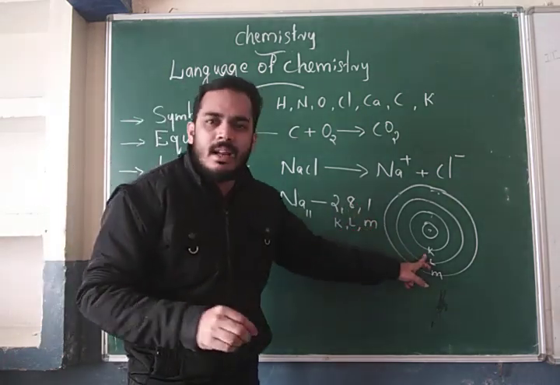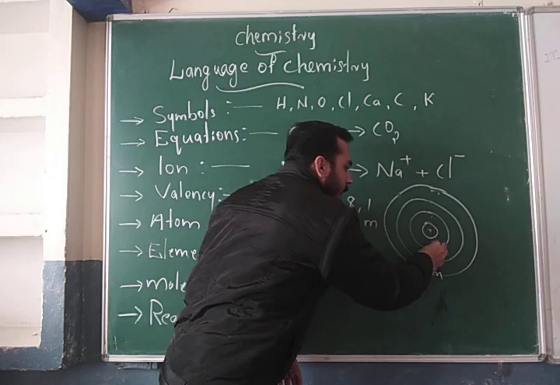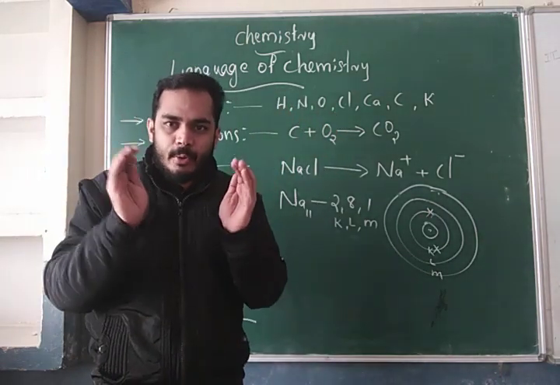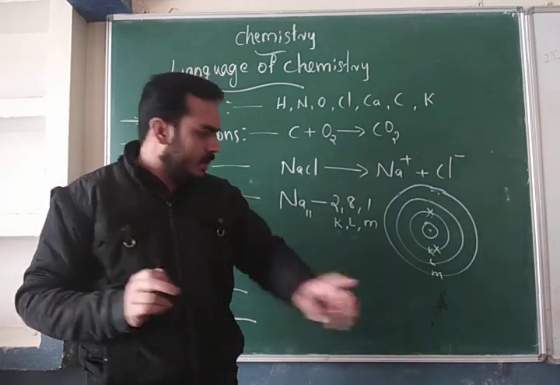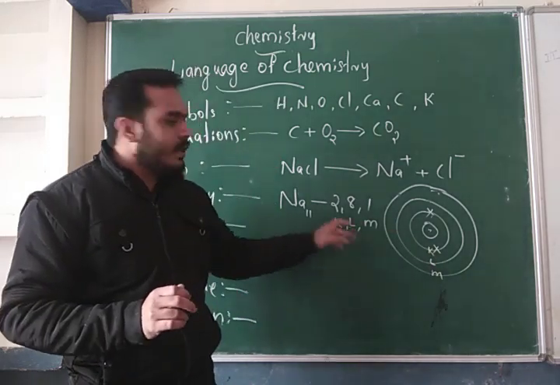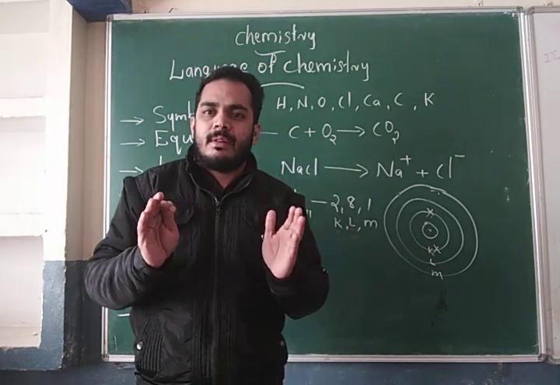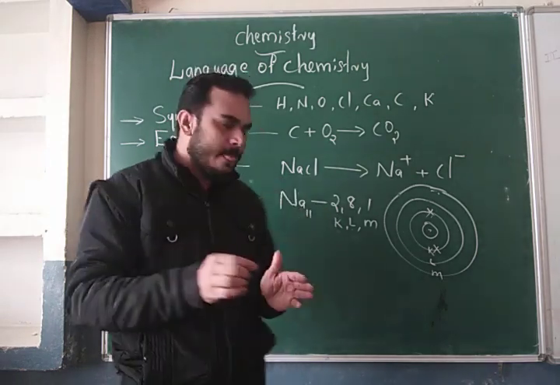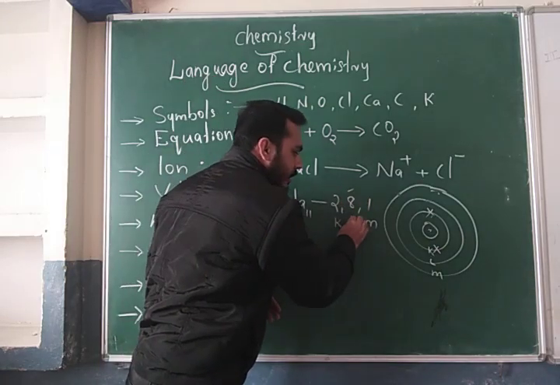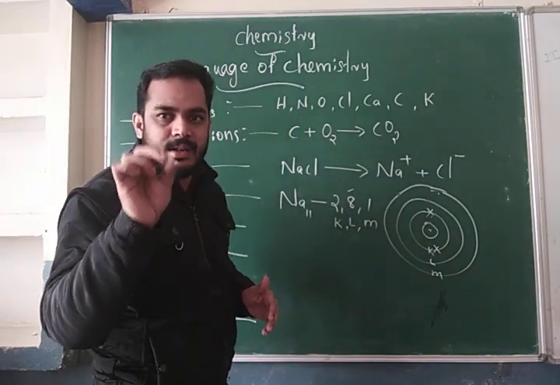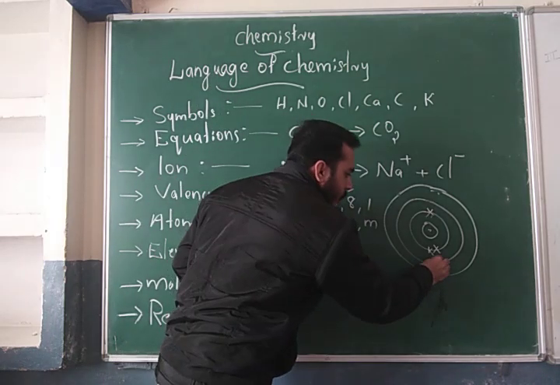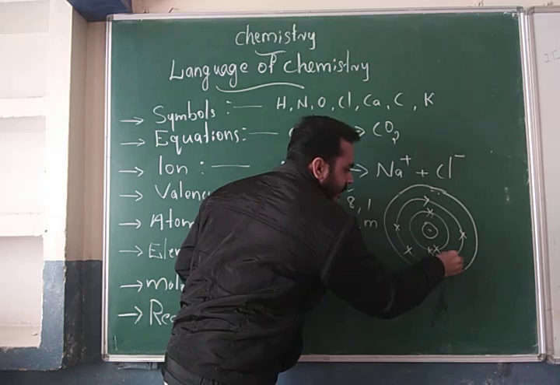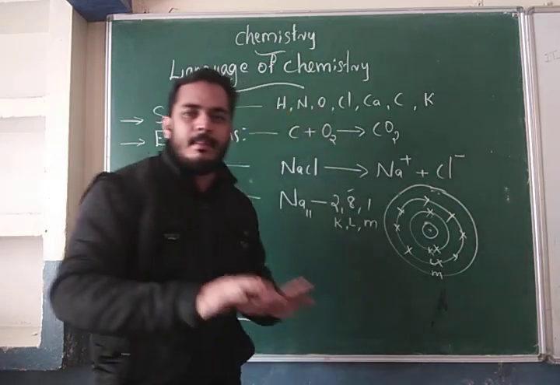The K shell can occupy only 2 electrons, the maximum capacity of the first orbit K. Second, L has the maximum capacity to hold 8 electrons. So 1, 2, 3, 4, 5, 6, 7, 8 maximum.